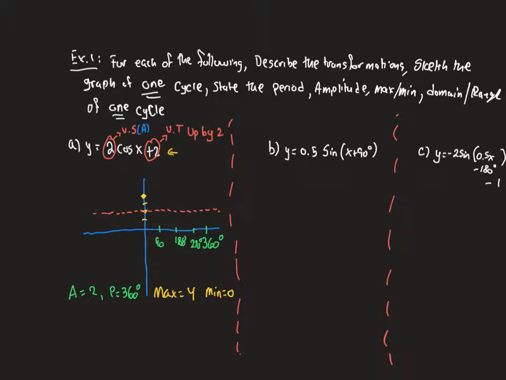Let's do this in red. I want to draw one cycle, and remember, when we're drawing our cycles, you want to start from your first 0, then your max, then your next 0, then your min, and then your third 0. But for cosine, you flip that. So you start from your max, then you go to your 0.